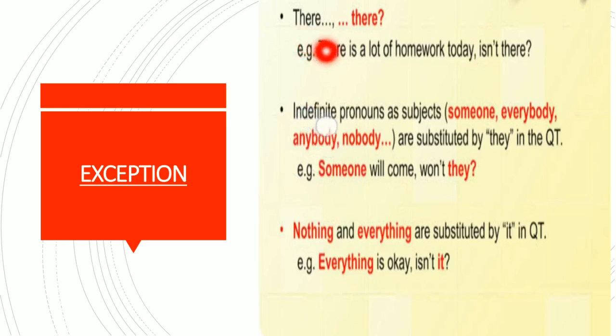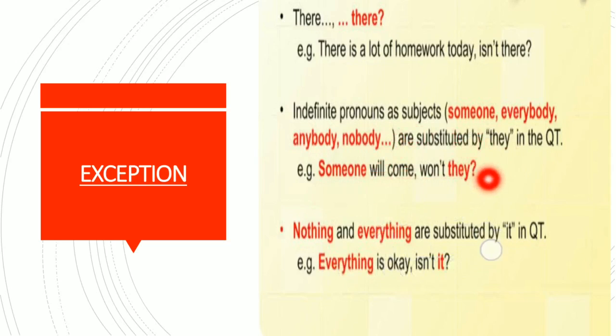There. Example: There's a lot of homework today, isn't there? So there will remain as it is. Indefinite pronouns as subjects, someone, everybody, anybody, nobody, are substituted by they in the question tag. Someone will come, won't they?